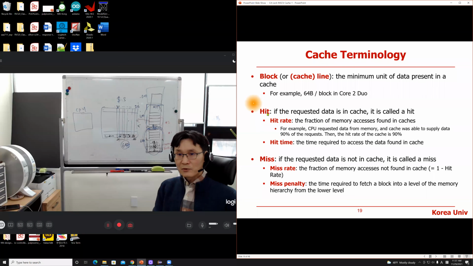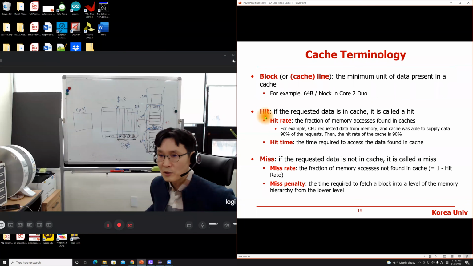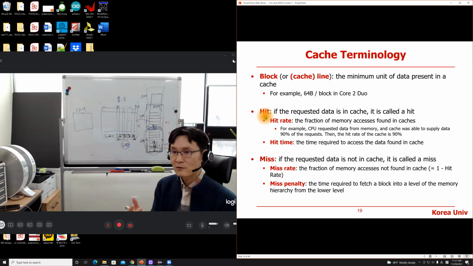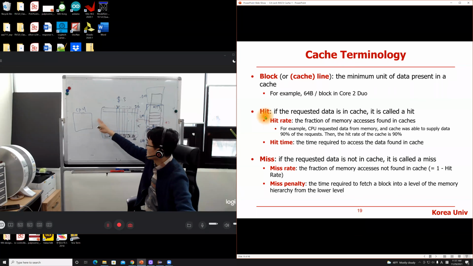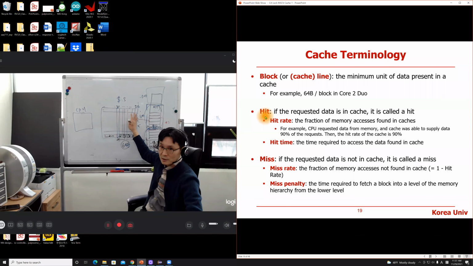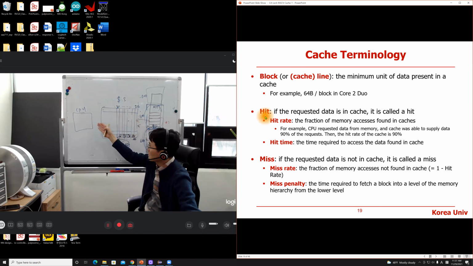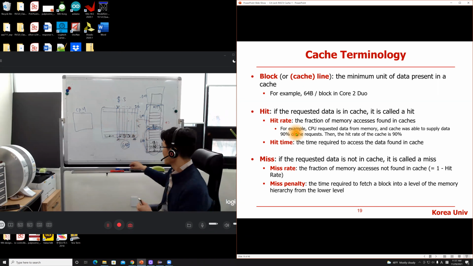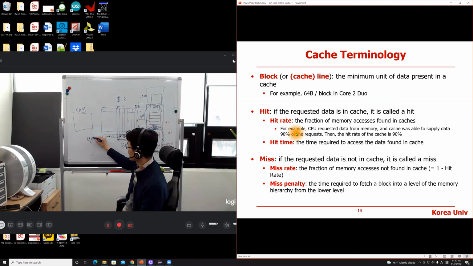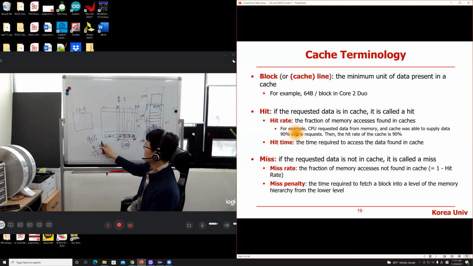Hit, we know hit and miss, right? Very intuitive terminology. If the CPU requested some information and that is found in the cache, we have a hit. So how many times is the cache able to supply information to the CPU? That is the hit rate. So 90% hit rate means 9 of 10 requests from the CPU are serviced by the cache, right?